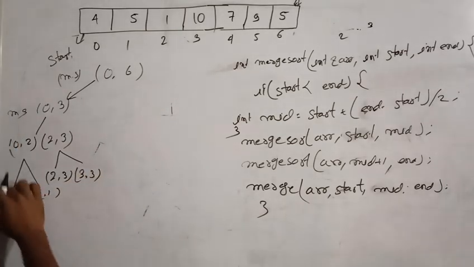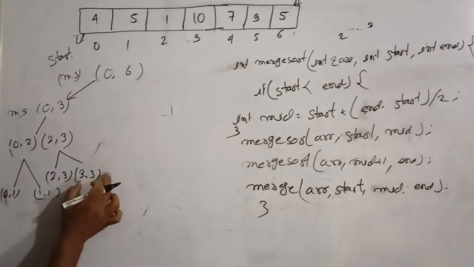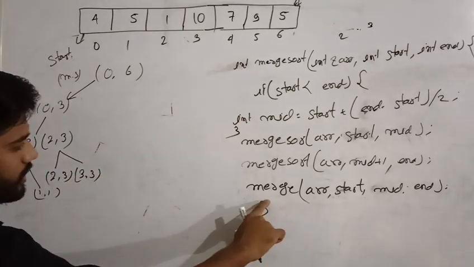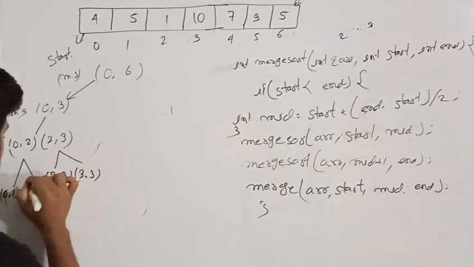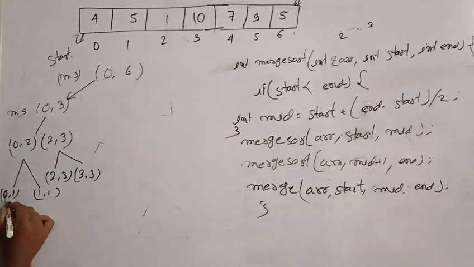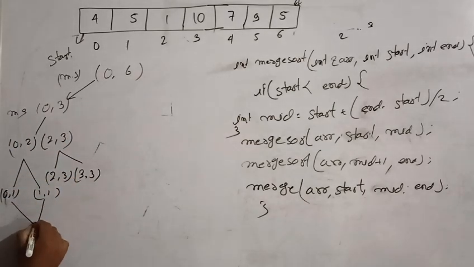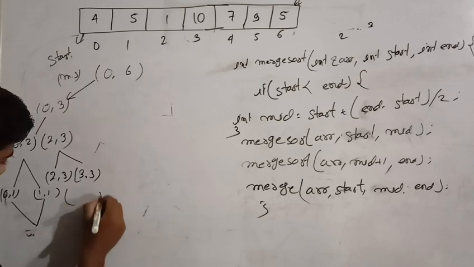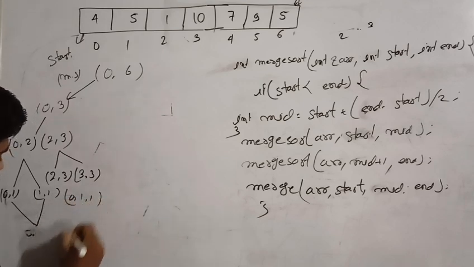Then at this time, this is done. Now this merge array will be merge 0, and it becomes merge 1 1.